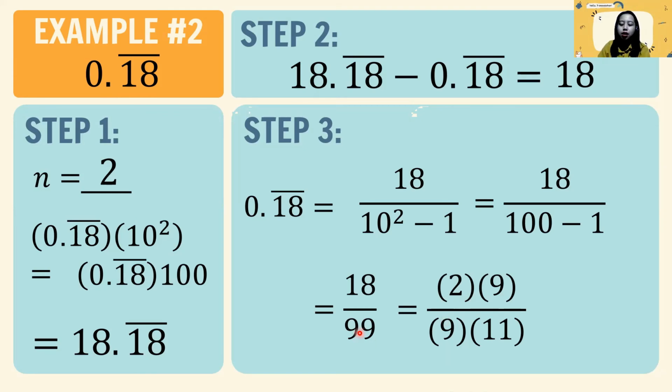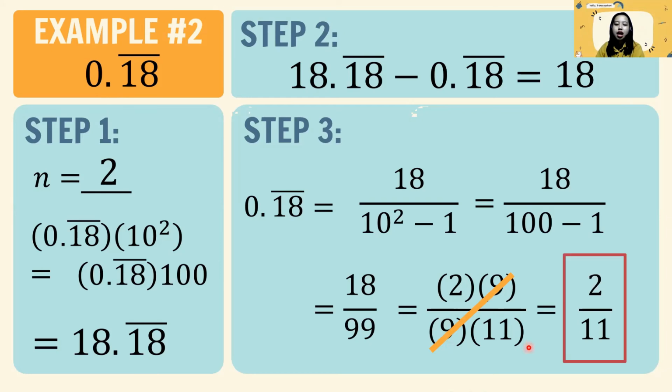Since both numerator and denominator have 9, we cancel it out, and the final answer will be 2 over 11. So that is the answer.